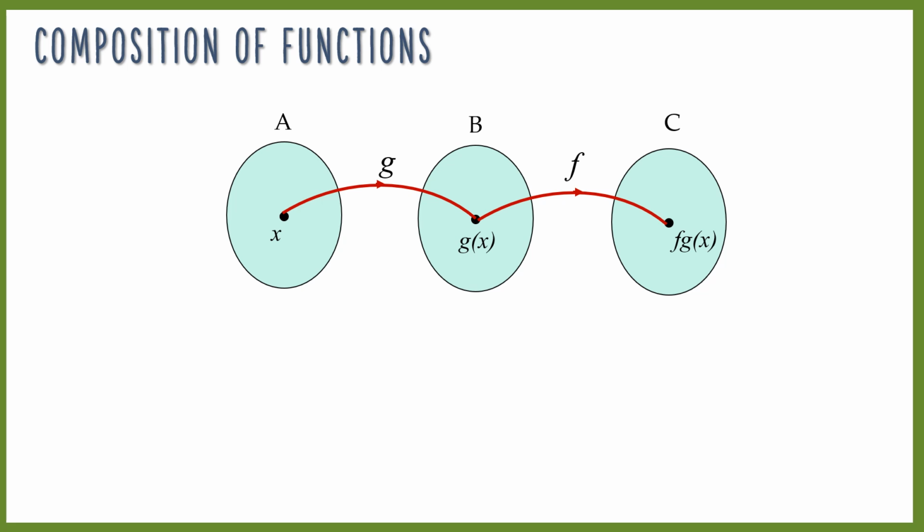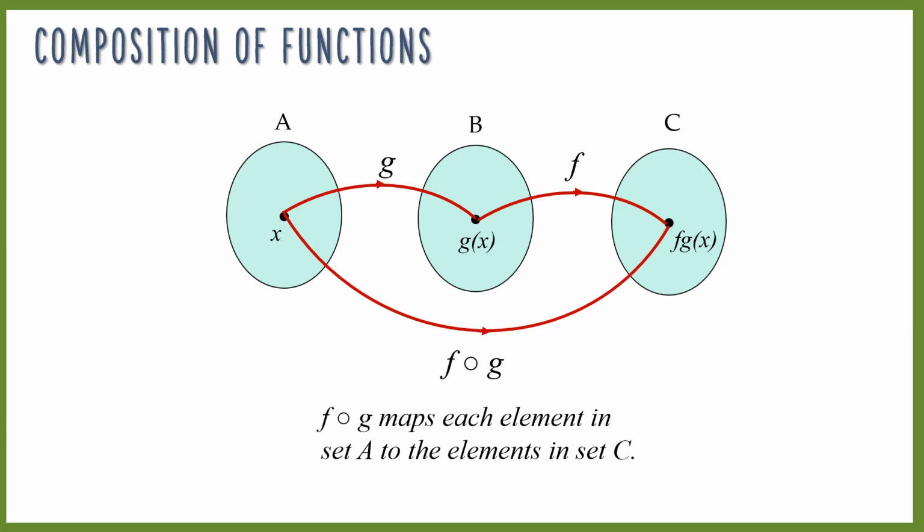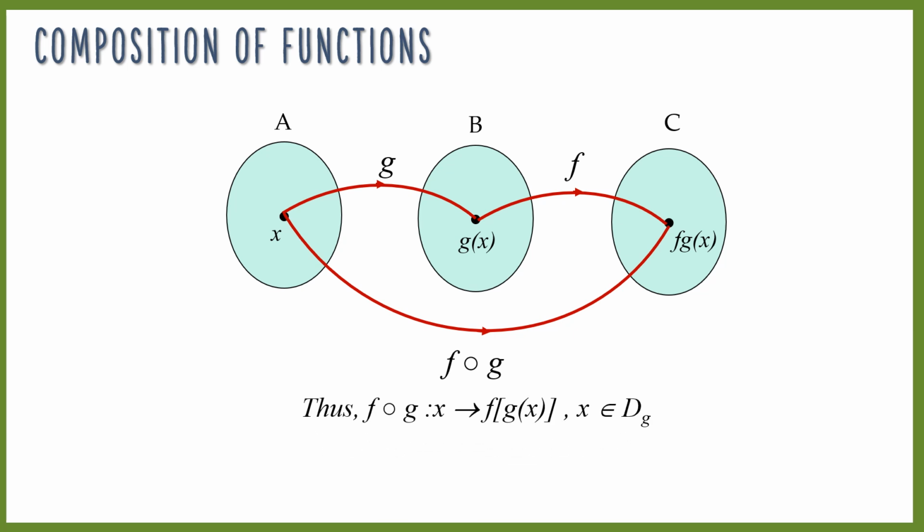Therefore, the composition of the two functions g followed by f is denoted as f of g and is called the composite of f with g, which produces f(g(x)). Thus, the composite function f of g is described as the function that maps each element in set A to the elements in set C. The function notation of f of g is such that x maps to f(g(x)) for all x in domain g.